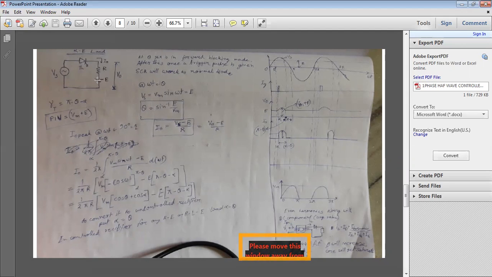In this case you have to see the waveform picture.